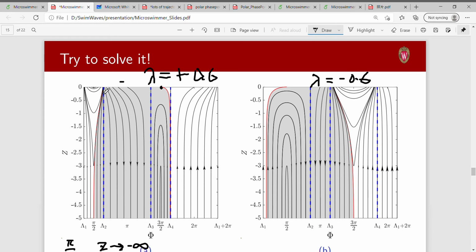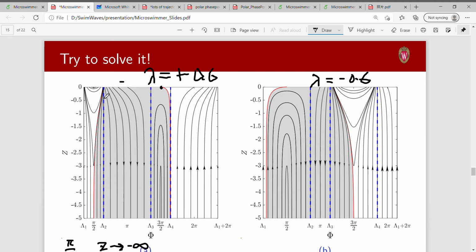So some swimmers can actually go from a position that is slightly above this red curve, and go along this red curve, very close to it but slightly above it, and go very, very deep, but it's still above the red separatrix, okay, to somewhere that is very deep, and then jump back to the surface.